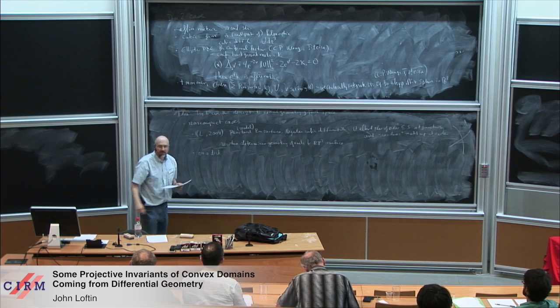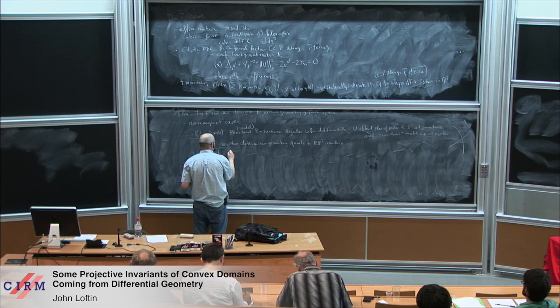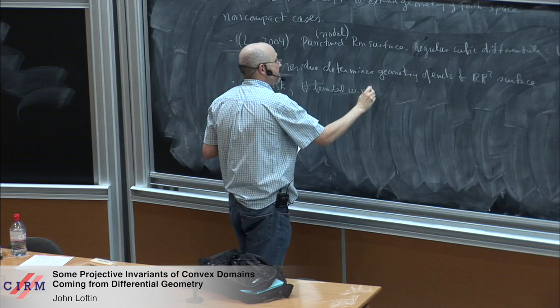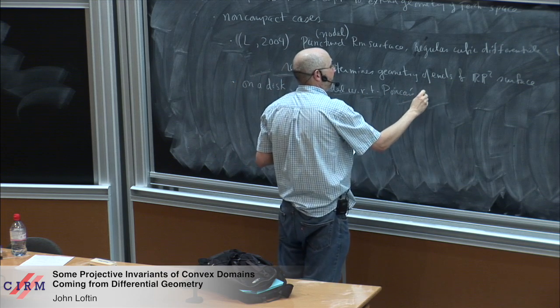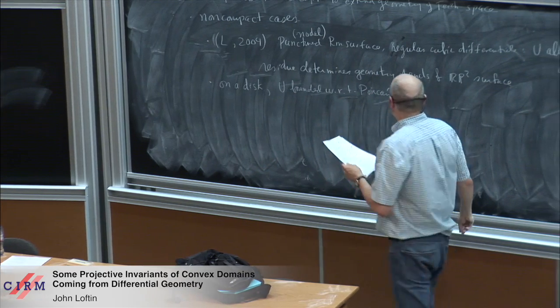It's the standard Poincare disk, and in this case, you might assume that the cubic differential is bounded with respect to the Poincare metric. So the cubic differential, you just take its sup norm, you assume it's bounded.